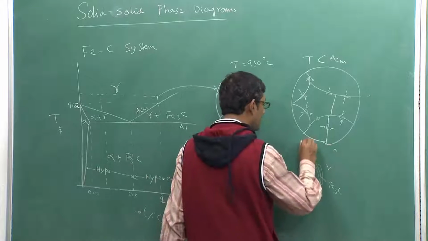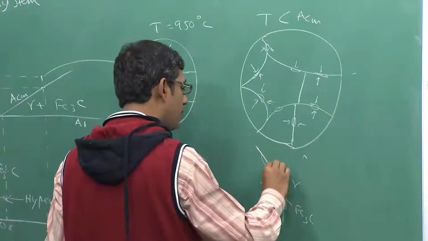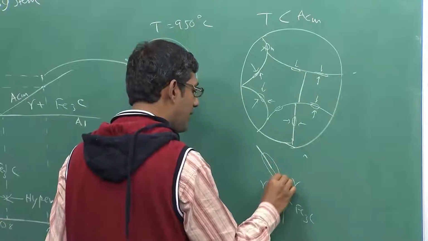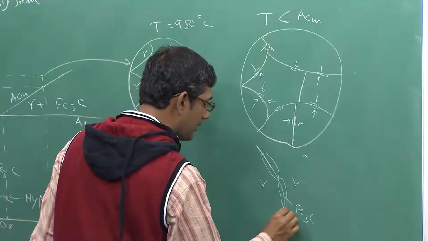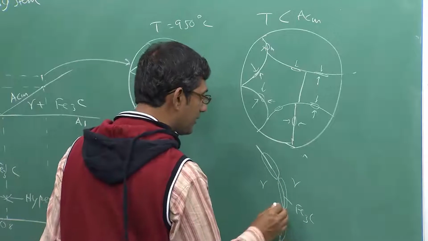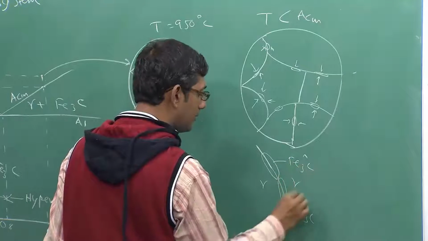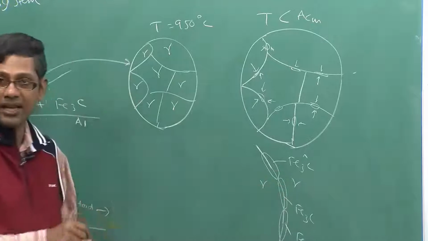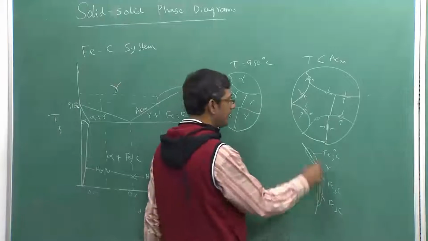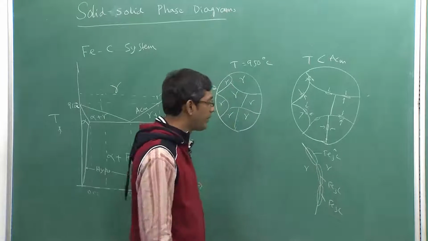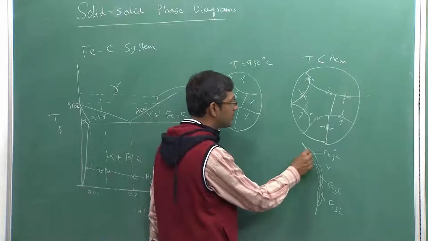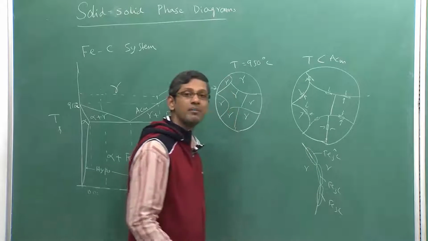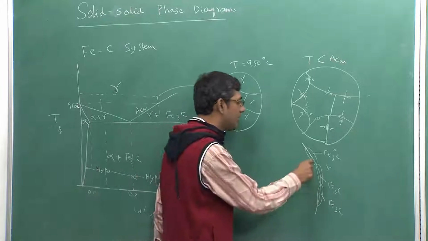Finally, this lengthening will stop when another cementite lamella meets the central cementite lamella. This one was growing along the length of the gamma grain boundary. This lengthening along the grain boundary will stop when the top one or the bottom one meets the boundaries here.